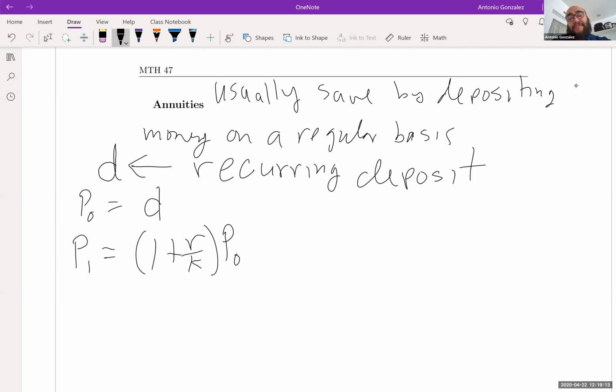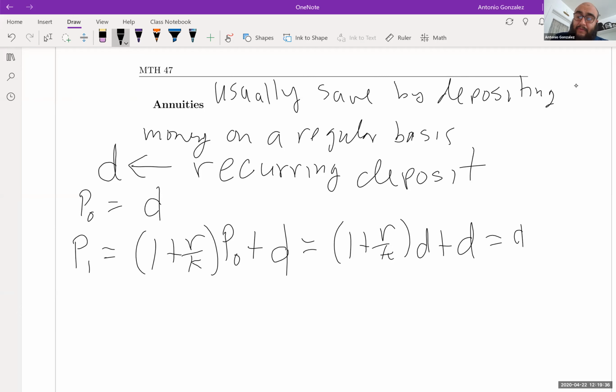After that first compounding period, I'm going to put more money into the account. How much more? The value of whatever my recurring deposit is. So substituting here, back substituting, we get 1 plus R over K times D, or if you factor out a D, 1 plus R over K plus 1.